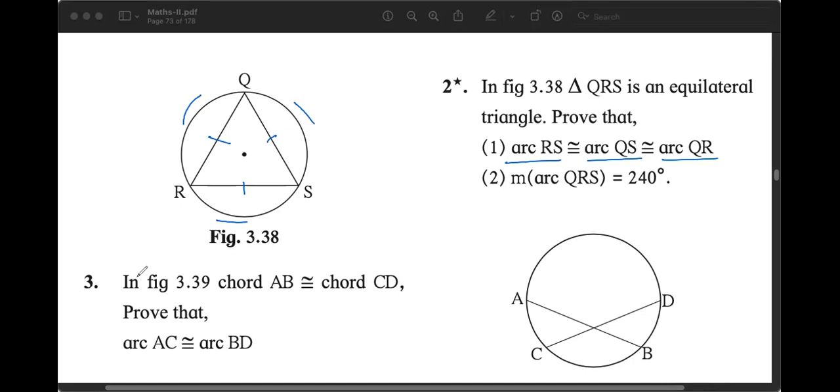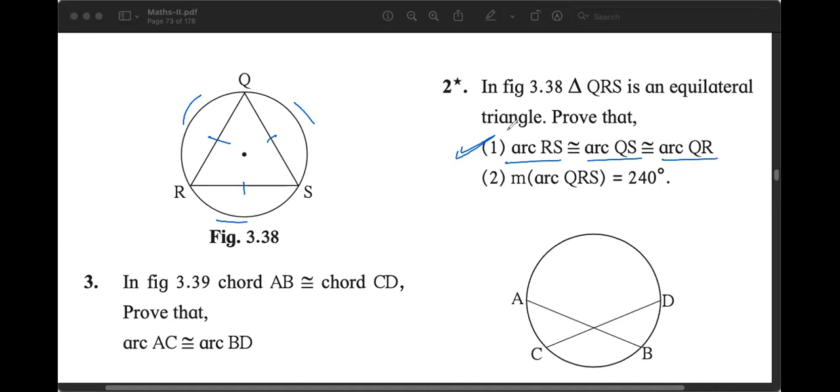हमने कहा if the arcs are congruent then the corresponding chords are congruent, and the converse, if the chords are congruent then the corresponding arcs are congruent. Proof क्या करना है? बस इतना ही लिखना है. Corresponding arcs of congruent chords, that is the reason.